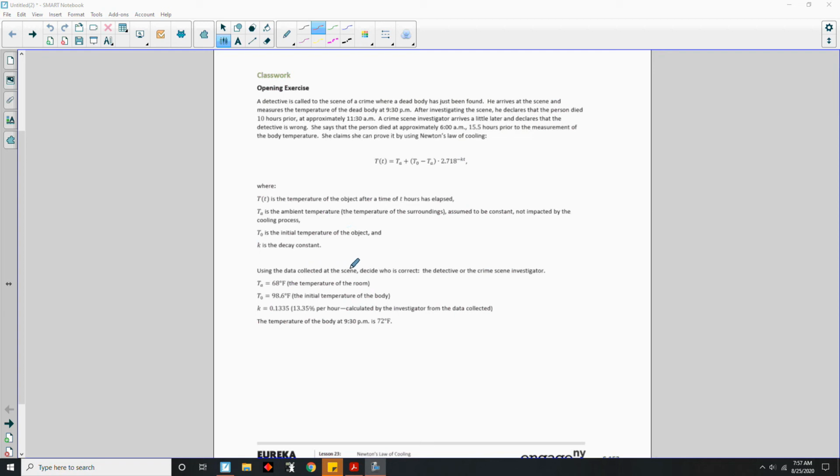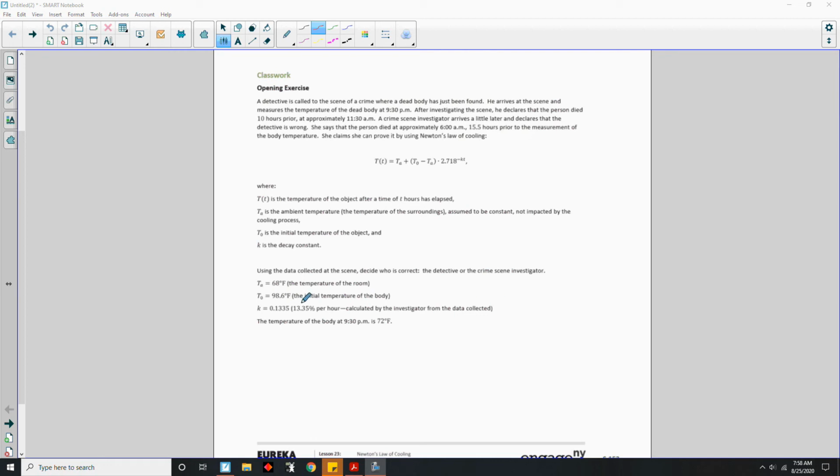Using the data collected at the scene, decide who is correct: the detective or the crime scene investigator. So T sub a is 68 degrees. T sub 0 is 98.6 degrees, the body temperature when the body died. k equals 0.1335, or 13.35% per hour, calculated by the investigator from the data collected.